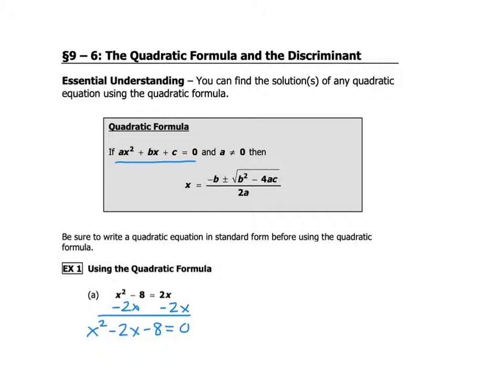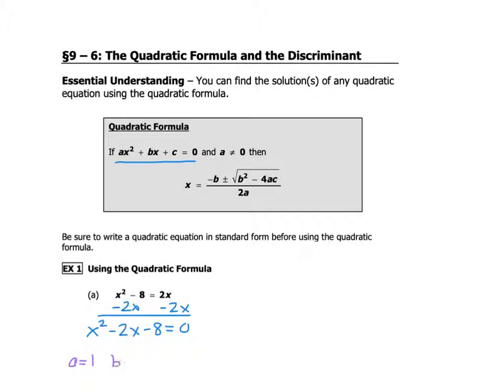Since the whole formula uses A's, B's, and C's, let's identify what A, B, and C are. A is the number in front of x squared, and you don't see anything there, so our A is going to be 1, because 1 is what's there if you don't see anything.